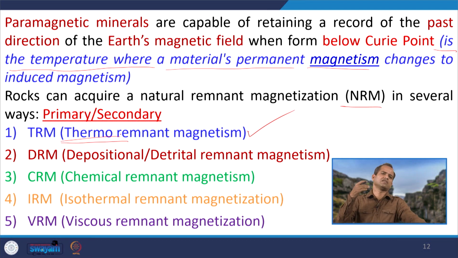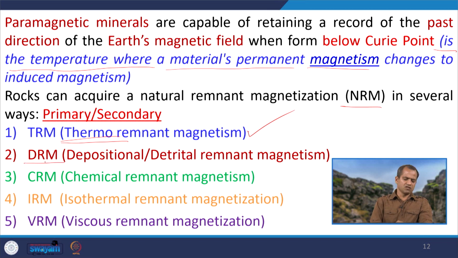So, it is the minerals or the rock forming from lava, when they are cooling down below this Curie temperature and getting solidified, these magnetic minerals like magnetite and other ferromagnesian minerals orient themselves according to the earth's existing magnetic field.